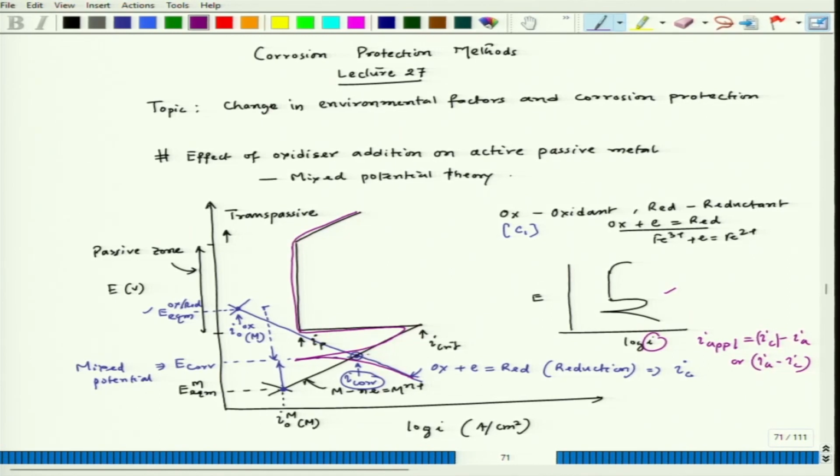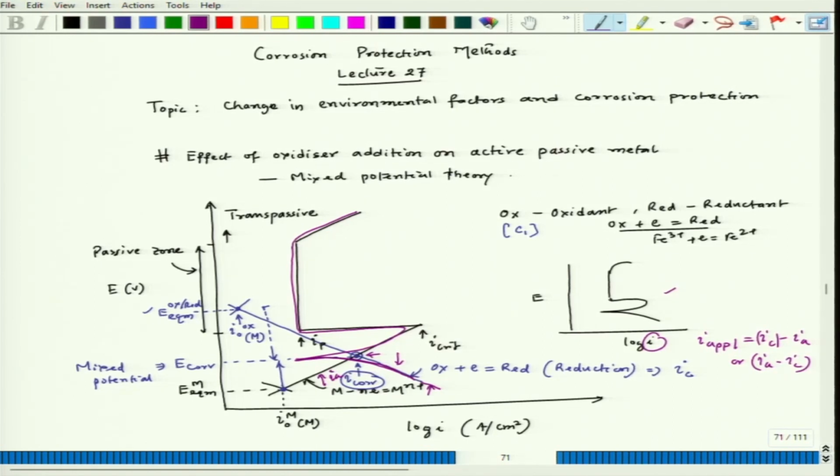The steady state potential would be at this location. So, if we go this way, then it will be IC minus IA, because the current density corresponding to IC is more than IA, and this is my IA. So, like that we can have I applied and then take a log, and you will see that the current density will follow the line which is shown in dark brown color.